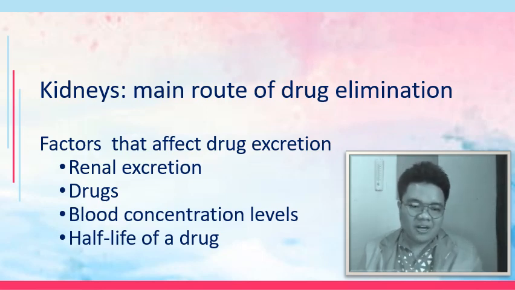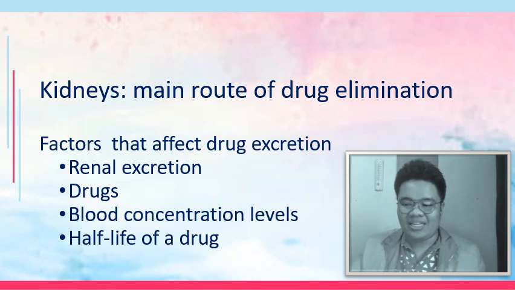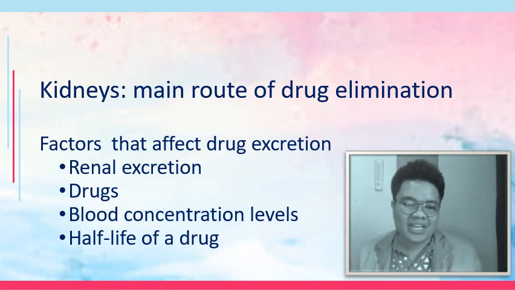So the general rule is that the higher the blood concentration levels, the longer this drug stays inside the body, the longer it takes to be eliminated from the body. Then we have the half-life of the drug. So you know the discussion on the half-life already. The shorter the half-life of the drug, the quicker these drugs are being eliminated from the body. So that is for your pharmacokinetic phase.